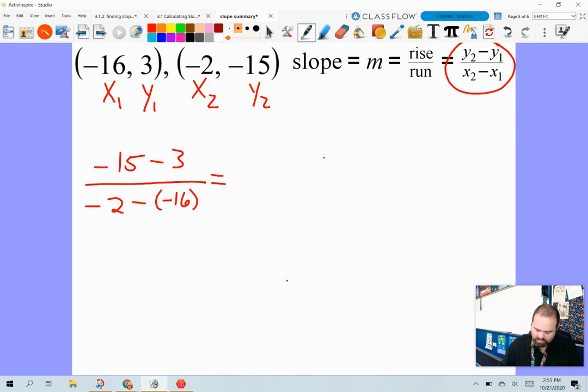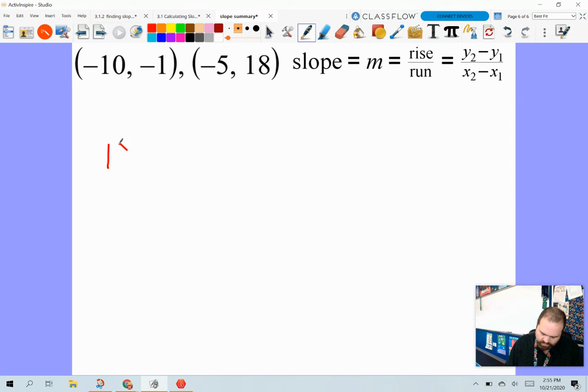So negative 15 minus 3 and negative 2 minus negative 16. If you see a common divisor, if you see that 18 and 14 are both divisible by 2, divide it by 2. And you're done. Do not give me mixed numbers.